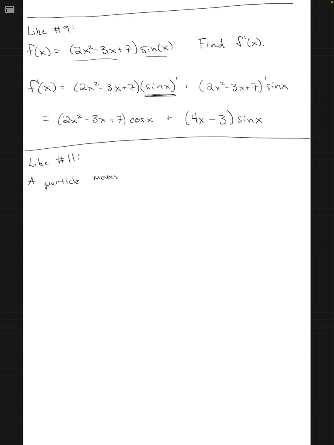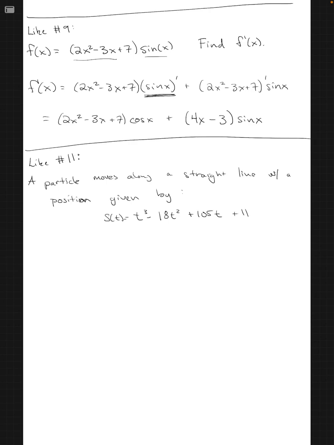So a particle moves along a straight line with a position given by s of t equals t cubed minus 18t squared plus 105t plus 11.